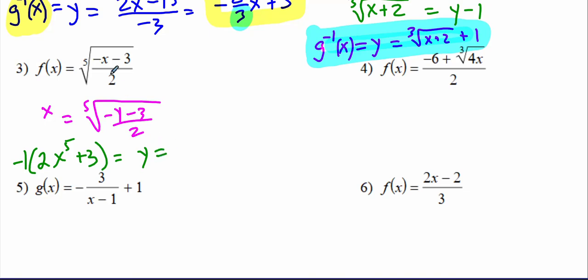And in the process, I'm going to switch it back to the letter f. f inverse of x will be negative 2 x to the fifth minus 3. There is my final answer.